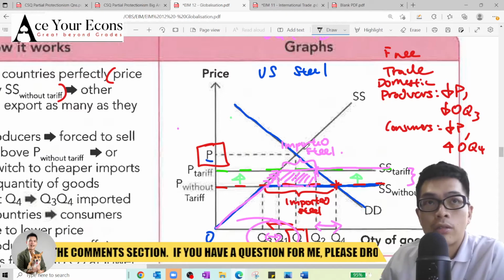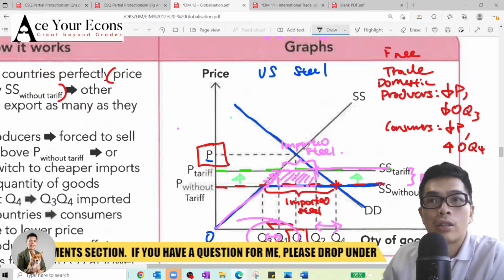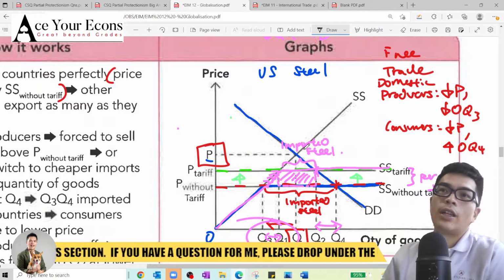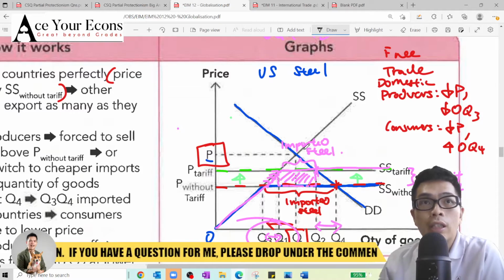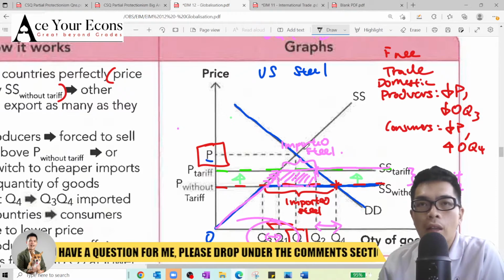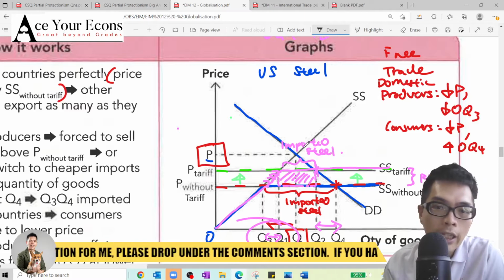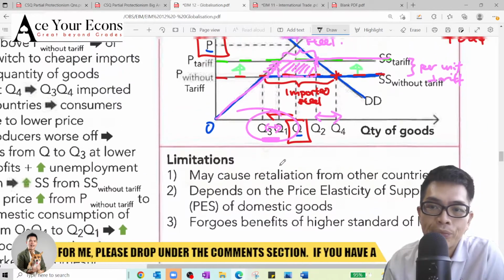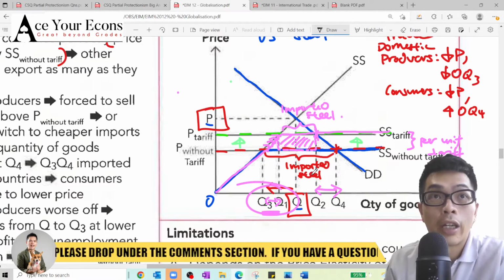Maybe cars, maybe aeroplanes or whatever. Beef, yes, the US is known to sell beef. Then other countries like China can impose an import tariff on beef. Then it will be a zero-sum game, right? So remember, retaliation is the most important part. You don't want to engage in a trade war with others.